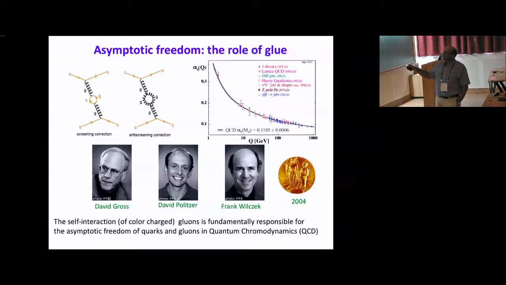While what is really unique in QCD, as you all well know, is the self-interaction of the gluons. And that has a different sign from that of the quark loop here. And the fact that this is much larger leads to this decrease of the coupling with momentum resolution.